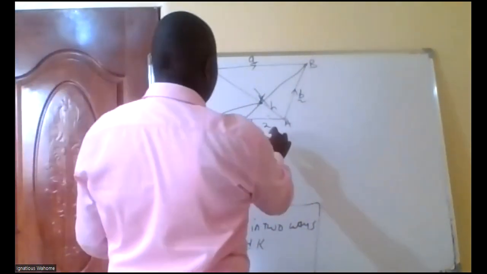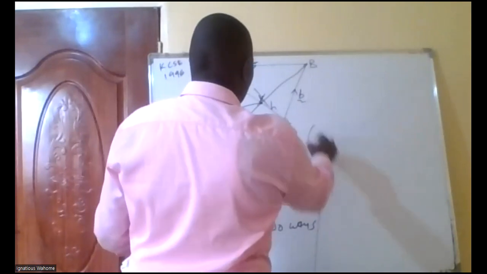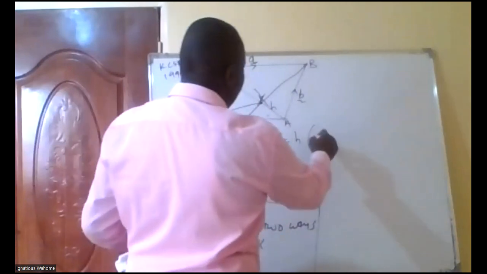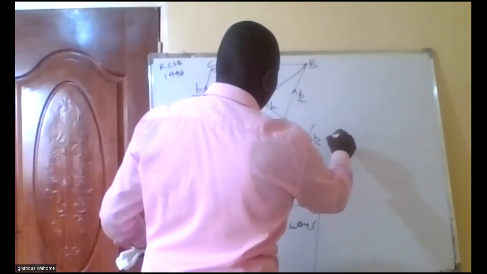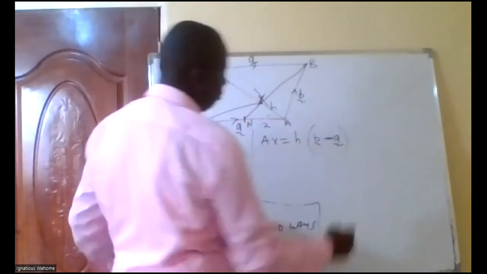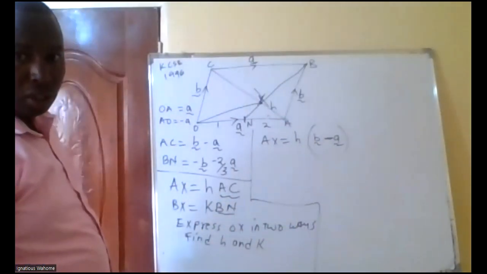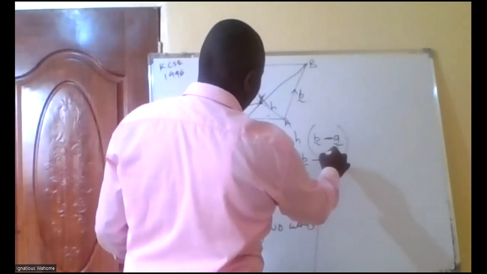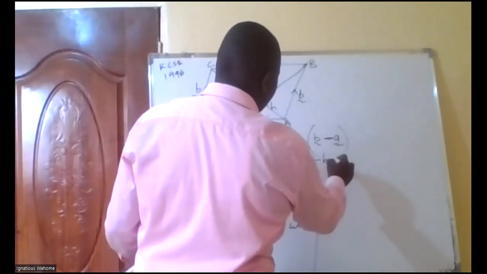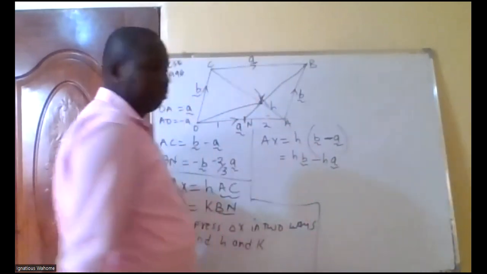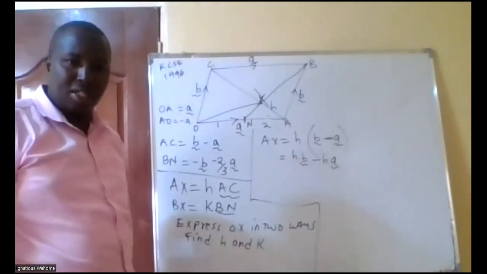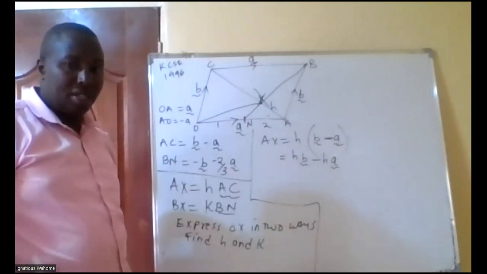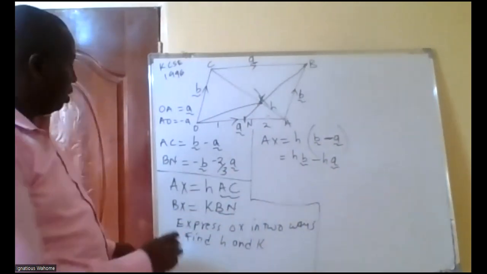So AX is equal to h times AC, and our AC is b minus a. Open this bracket here, you get h vector b minus h vector a. That is our AX. That's another step.